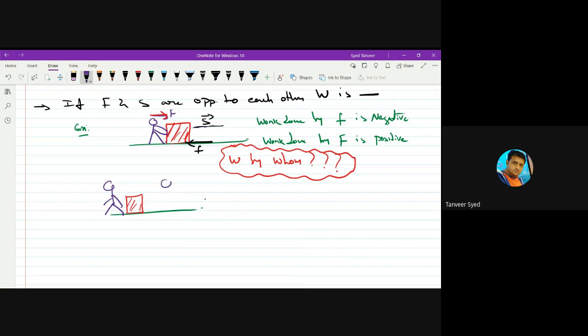You lift that block and hold it above your head like this. Right? A block was on the ground. You lifted that block and you are holding it above the ground. Okay.